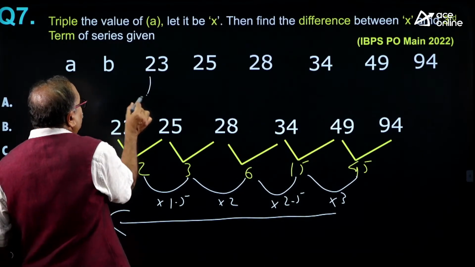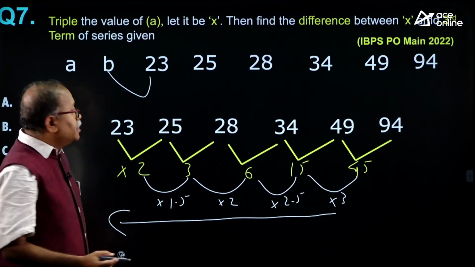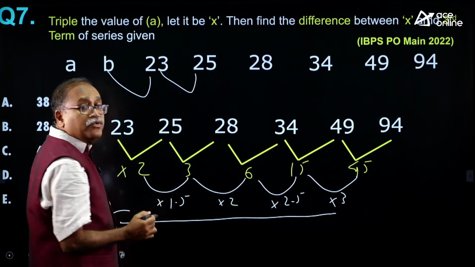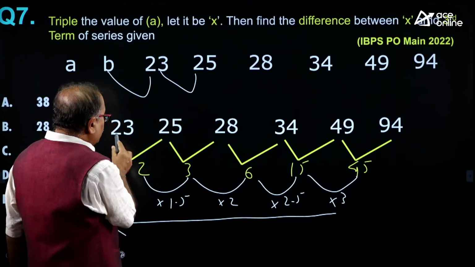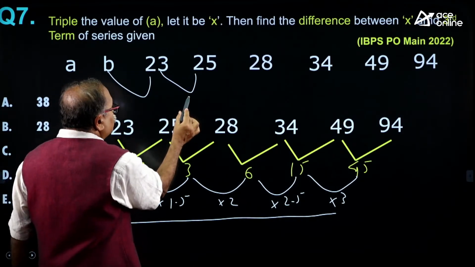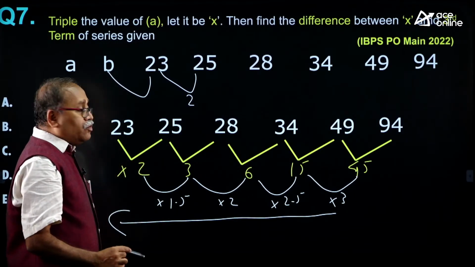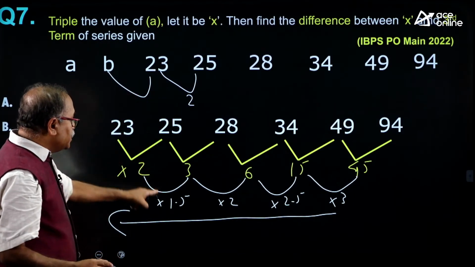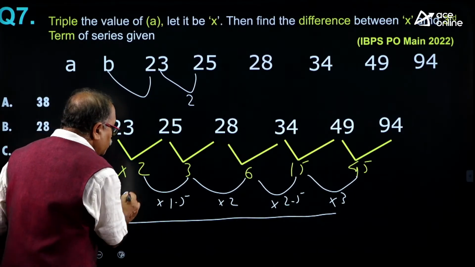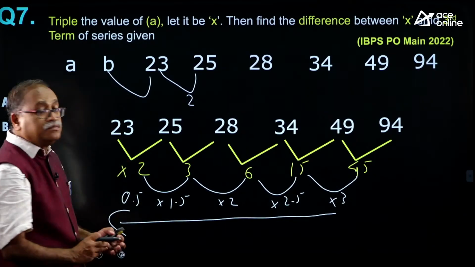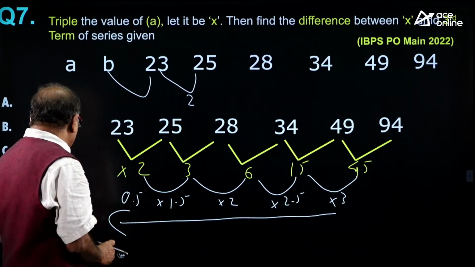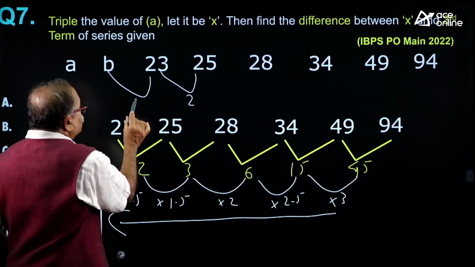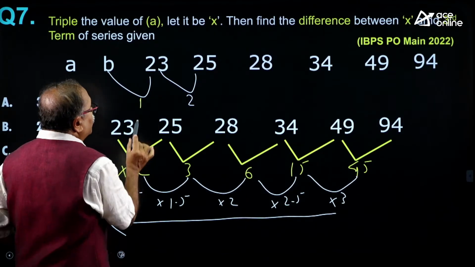Then from here to here it is 1.5, right. What is that number? That number 25, 23 and 25, this 2 is there. Now, I should multiply this one by 0.5. When I multiply this with the 0.5, what will I get over here? So, I will be getting 1 over here.